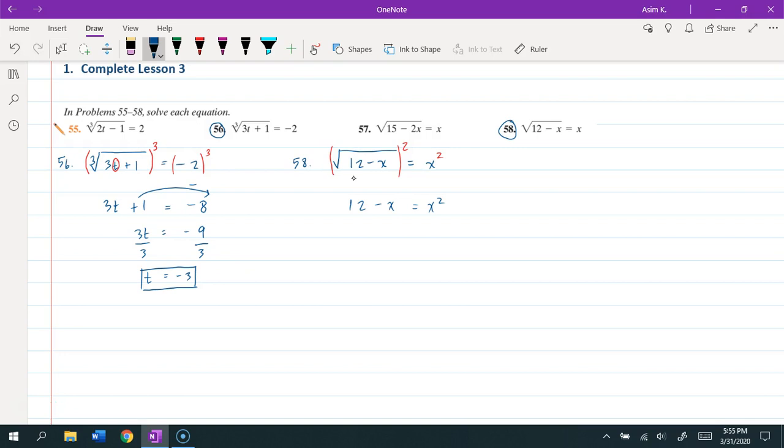Now we're going to notice that one of the terms says x squared, one of the terms says x, and this should ring a bell for you that whenever you have an x squared term and you have an x term, this is really going towards the quadratic: ax squared plus bx plus c is equal to 0.